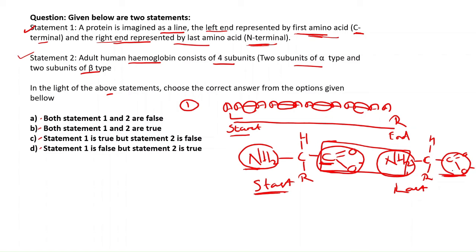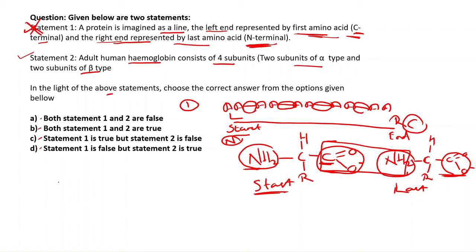So the initial start point is the N terminal point, whereas the end point is the C terminal point. What he mentioned here, the first amino acid is C terminal and the last amino acid is N terminal, is wrong. So statement 1 is a false statement.